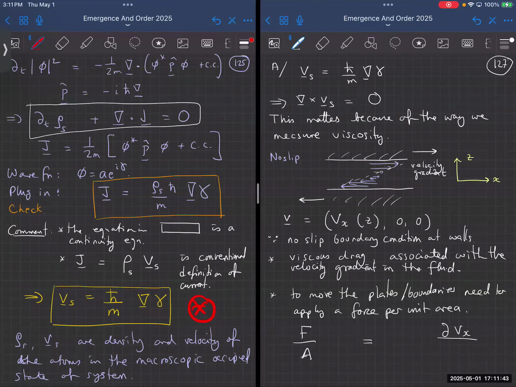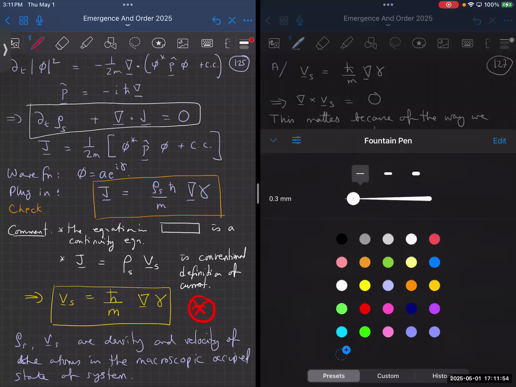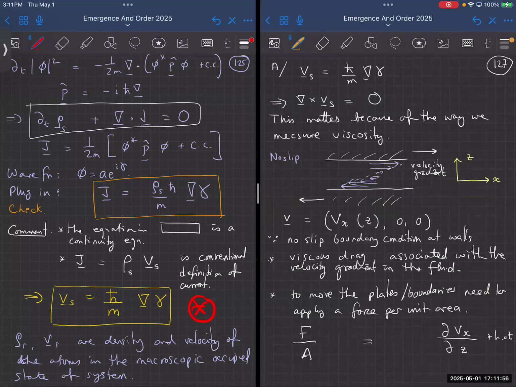And that velocity gradient is dvx by dz. There might be higher order terms, but at least in the approximation where the flow is laminar, as I've used here, the lowest order term is the one that we're going to be interested in. And there's going to be a coefficient of proportionality here. That coefficient we write down as eta, and this thing is called the shear viscosity.